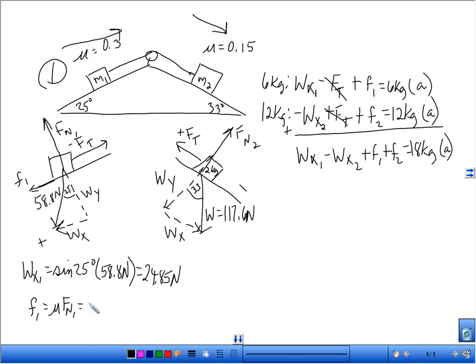Mu is 0.3. Force normal 1 is going to be the 58.8 newtons, because that's the weight, times the cosine of 25 degrees. So I'm going to take 0.3 times 58.8 times the cosine of 25, and I'm going to get 15.99. I'm just going to round that off to 16 because that'll make my life a little bit easier.